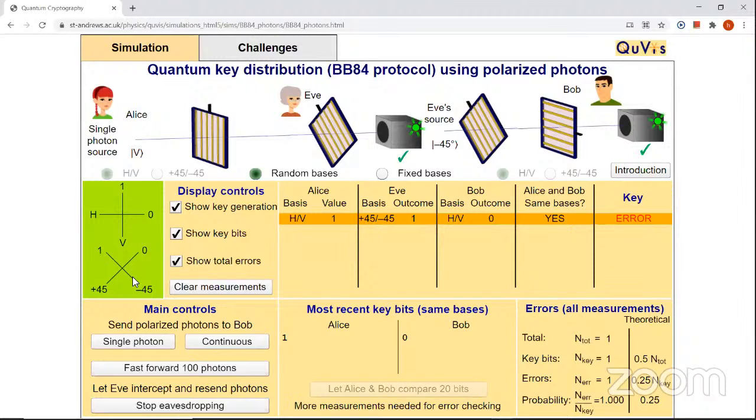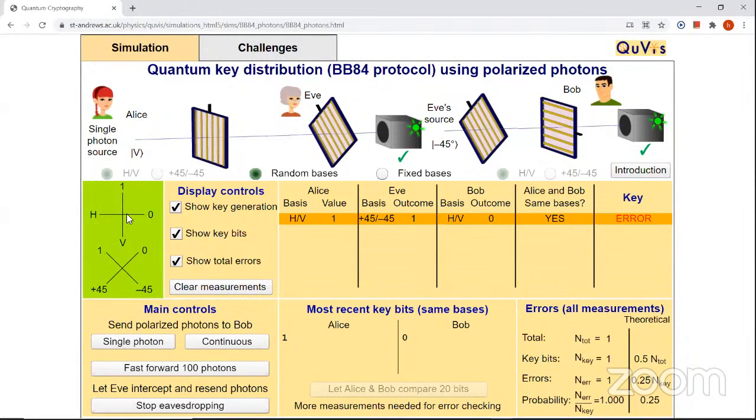She received this minus 45 photon, so she will send this photon. Okay. Now Bob is choosing a random basis. Let's suppose Bob is choosing horizontal, vertical. So Eve prepared in this basis and Bob is measuring in this basis. So here also the same probability, a 50-50 chance that Bob can measure horizontal or vertical.